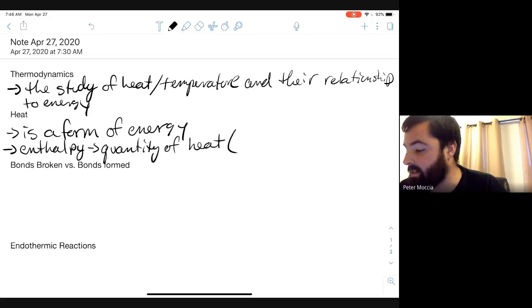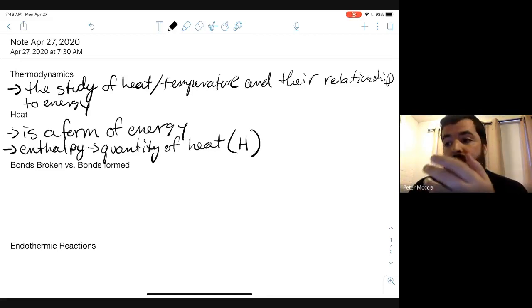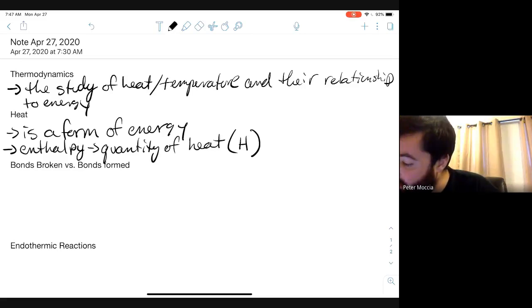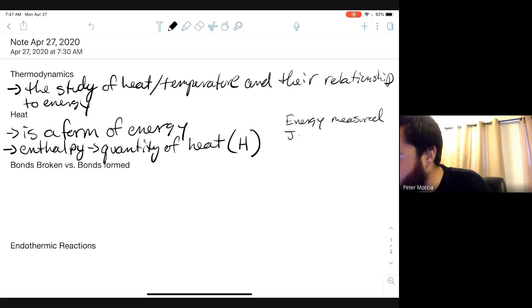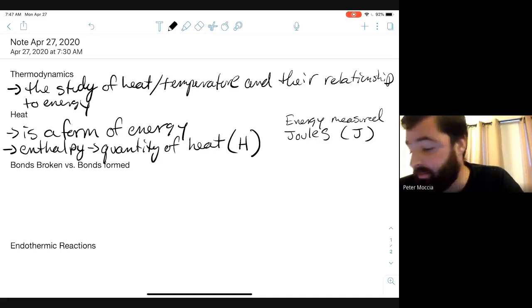You're going to see enthalpy as H, and what you're going to see in a lot of these reactions is delta H, the change in enthalpy. The energy we're going to use is measured in joules, J. Energy is measured in joules, which you learned last year in physics, if you took physics.